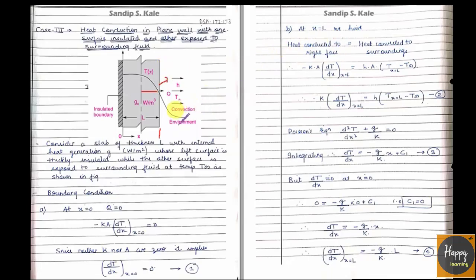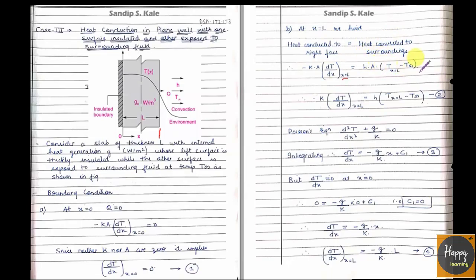Heat conducted to the right face is equal to heat convected to the surrounding. Whatever heat is conducted is convected to the surrounding. So we'll apply the energy balance equation: the conduction equation, minus kA dT by dx at x is equal to L, and the convection equation, hA delta T.